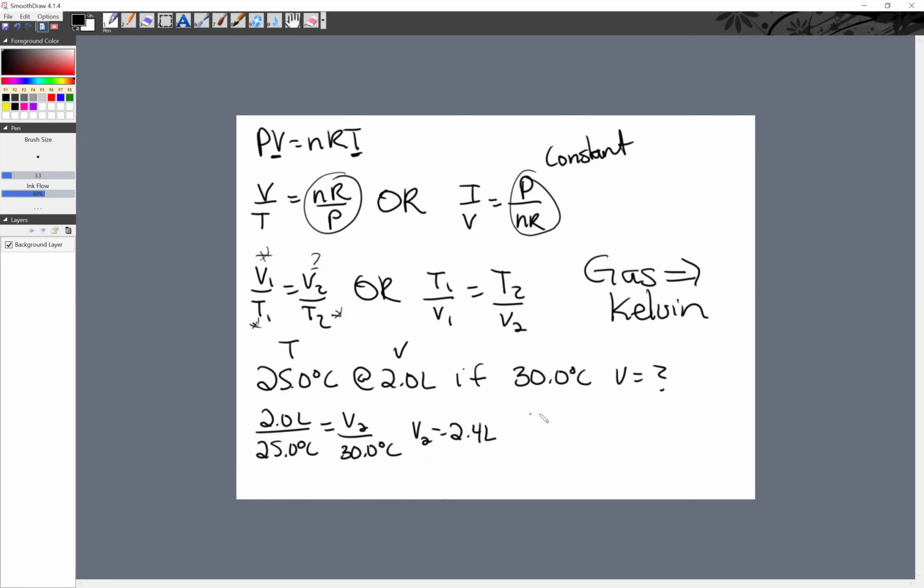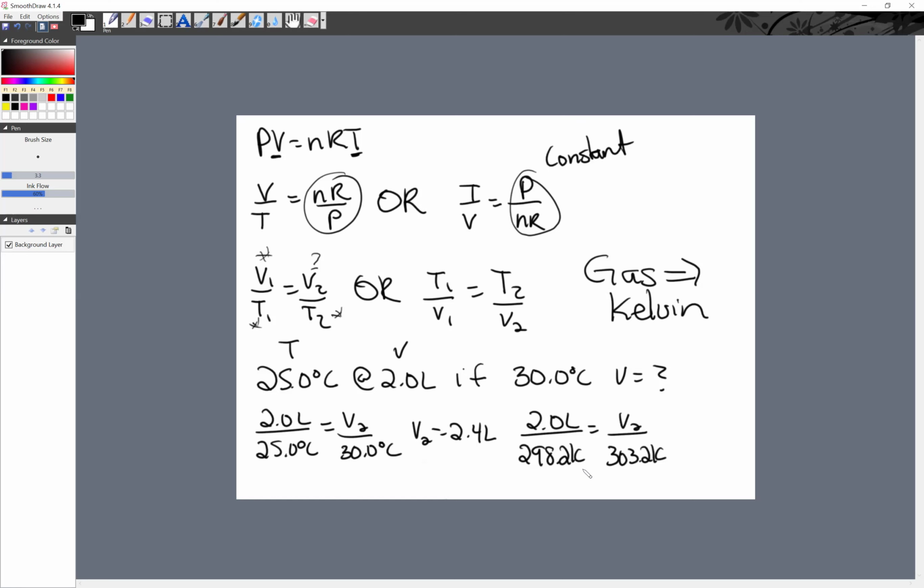This is the correct way, because the gases should always be in Kelvin. So it's 298.2, and V2 over, I believe it's 303.2. Again, I'm going to multiply 303.2 on both sides. So 2 times 303.2 divided by 298.2.